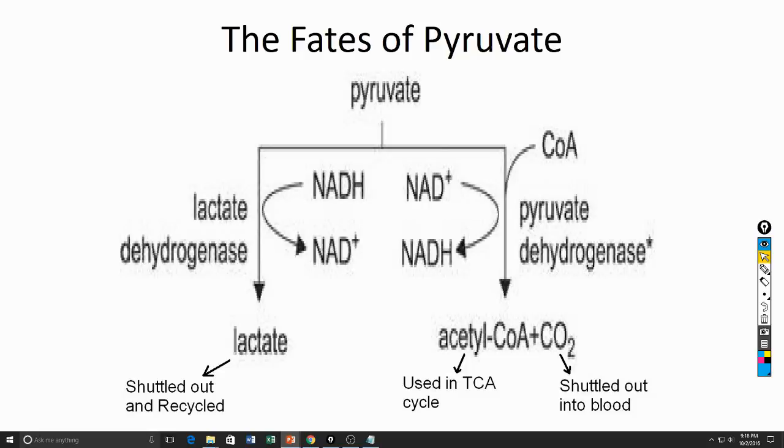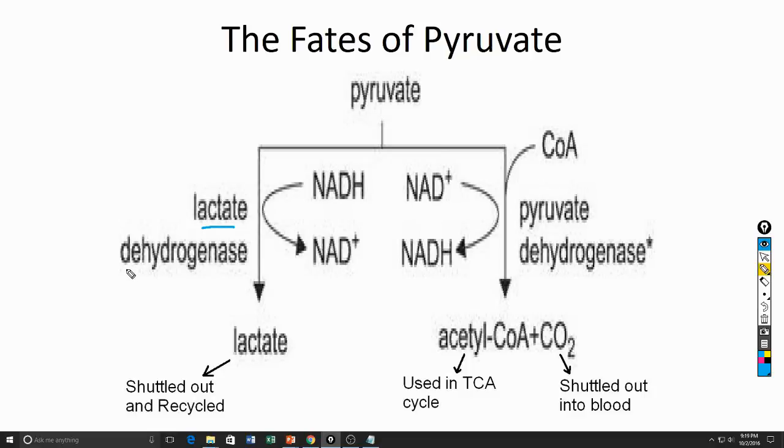Glucose breakdown takes a little while longer, and the reason is you get a better product at the end of it that we can use for other things. So pyruvate is either going to go toward lactate or acetyl-CoA and produce a little bit of CO2.